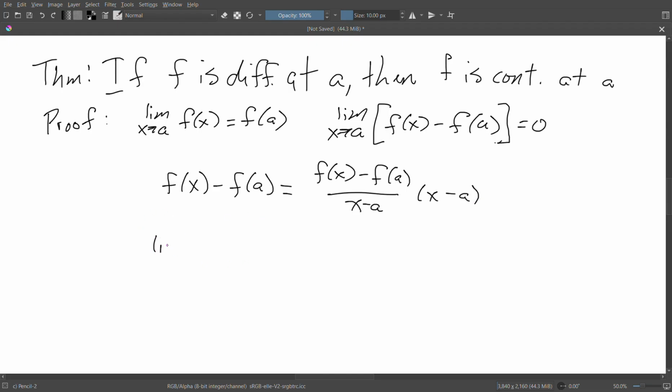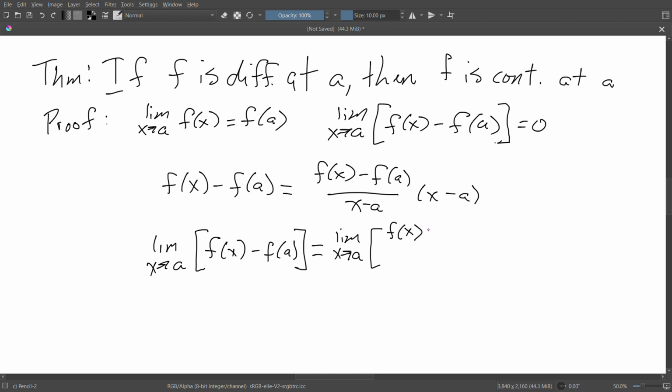And then if I take the limit of both sides of this, f of x minus f of a, this is going to equal the limit as x approaches a of our quotient, and then times, I'm going to write it suspiciously over here, because the next step is to remember that the product of the limits is the limit of the product.